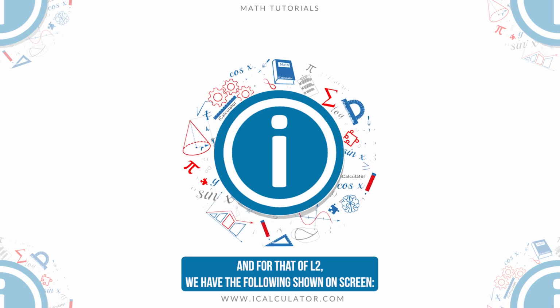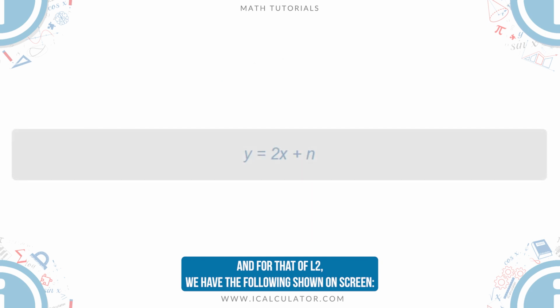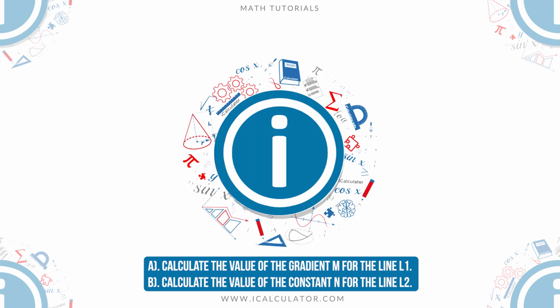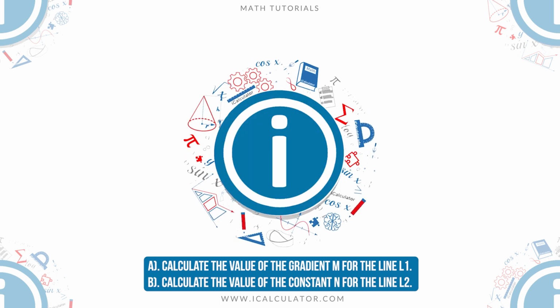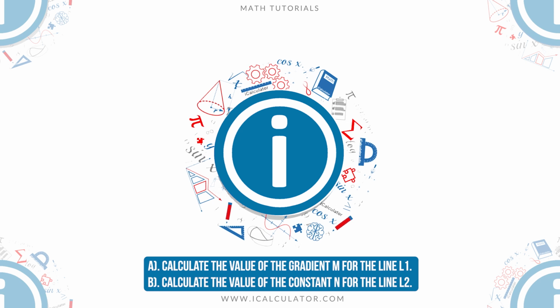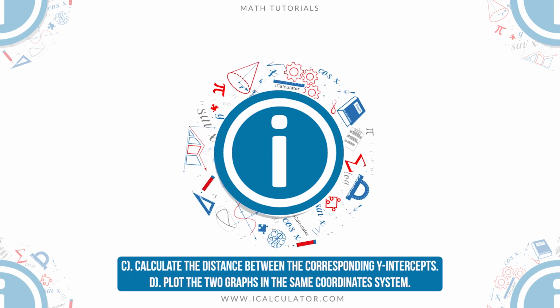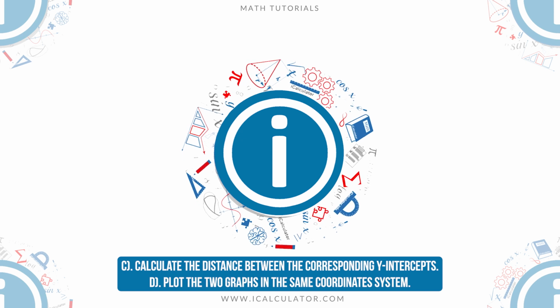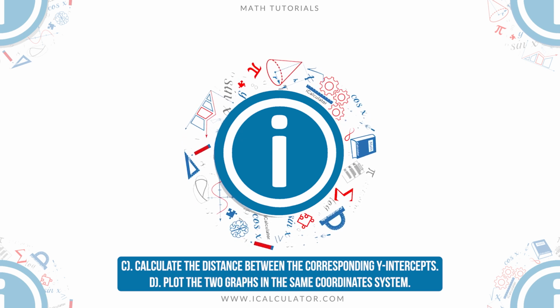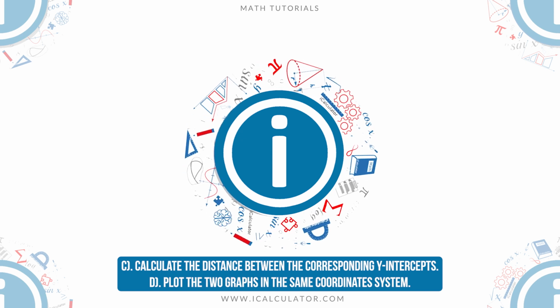And for that of L2, we have the following shown on screen. A. Calculate the value of the gradient m for the line L1. B. Calculate the value of the constant n for the line L2. C. Calculate the distance between the corresponding y-intercepts. D. Plot the two graphs in the same coordinate system.